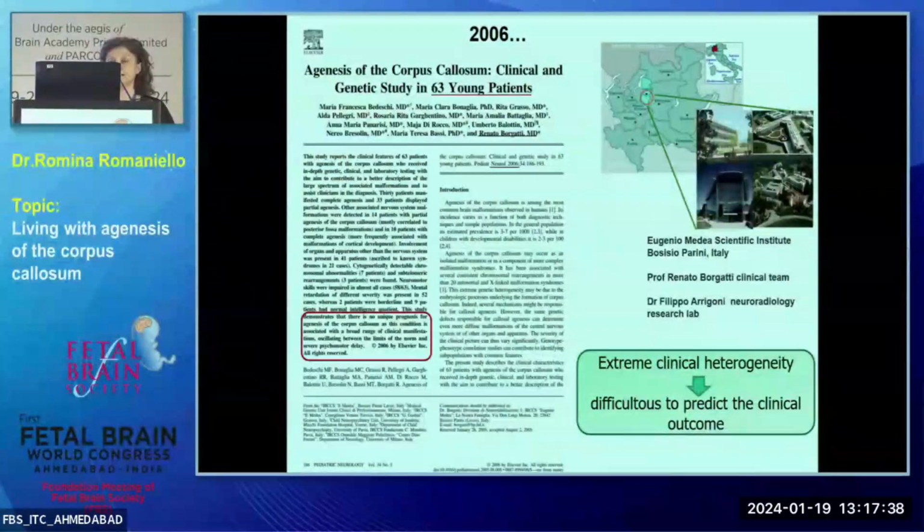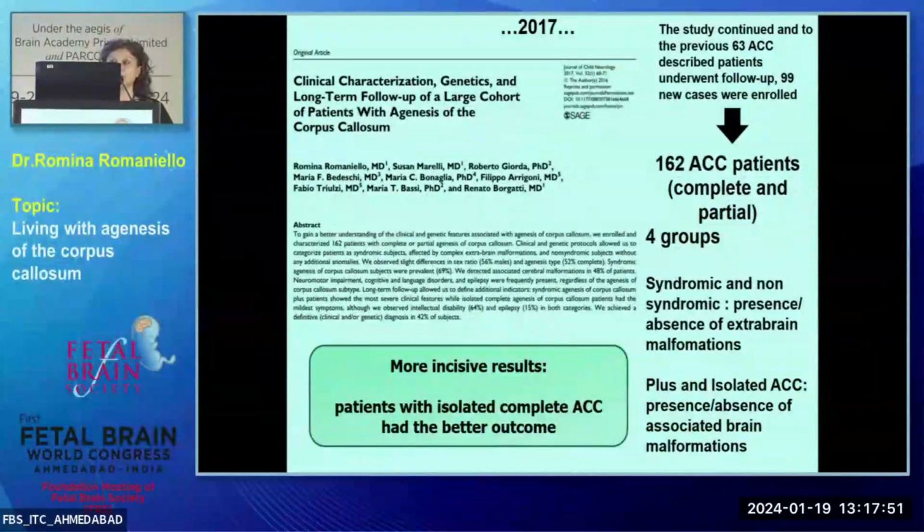In this study, an extreme clinical heterogeneity of these patients was observed, and difficulties in predicting the clinical outcome were evident. So this study continued, and the previous 63 ACC patients underwent follow-up, and 99 new cases were enrolled. So patients reached 162 ACC patients, complete and partial ACC, studied in 2017.